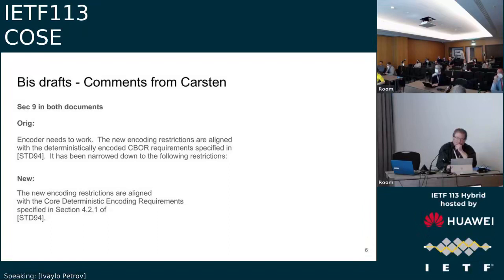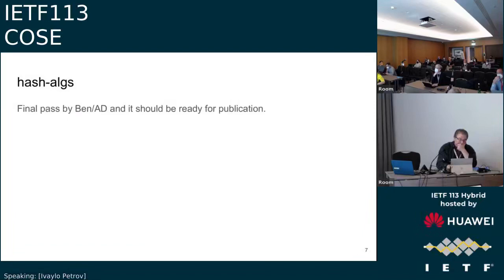This is the text that he has suggested. So that was for the BIS documents. After we have resolved those couple of issues, we need to check for consistency between the two drafts, and they should be ready for publication.